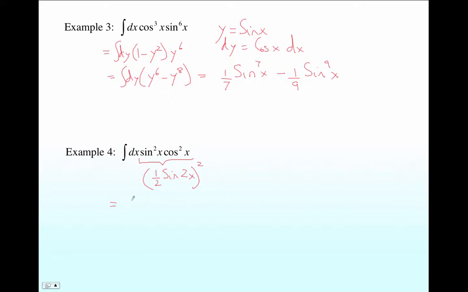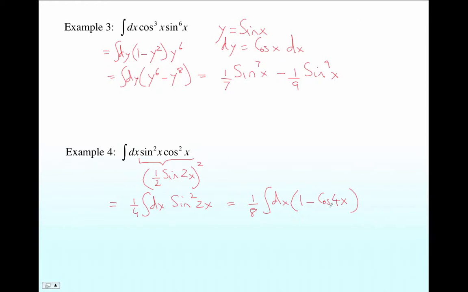And so we write this as 1/4 integral sine squared 2x. But sine squared 2x, we remember, is half. So the half and the 1/4 gives us 1/8. And inside we have 1 minus cosine of 4x.